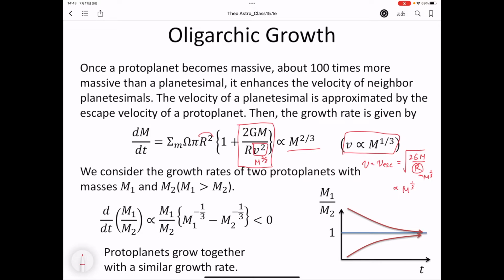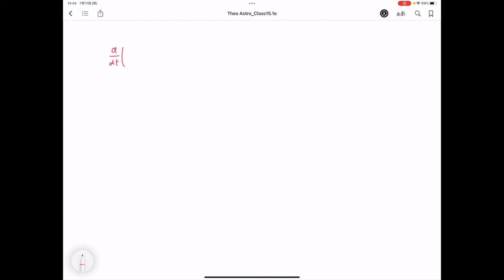Now we consider two protoplanets with masses M sub 1 and M sub 2. Right now, M sub 1 is a little bit larger than M sub 2. Then consider the ratio of M sub 1 and M sub 2. d/dt of M sub 1 over M sub 2 is equal to M sub 1 over M sub 2 times (1 over M sub 1 dM sub 1/dt minus 1 over M sub 2 dM sub 2/dt). dM/dt is proportional to M to the 2/3.